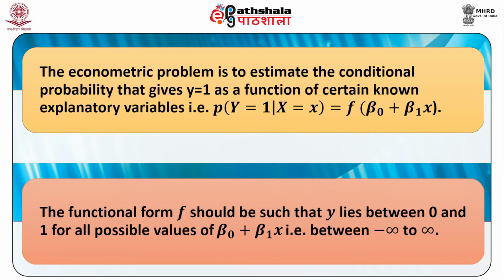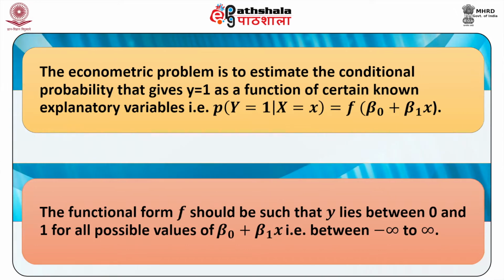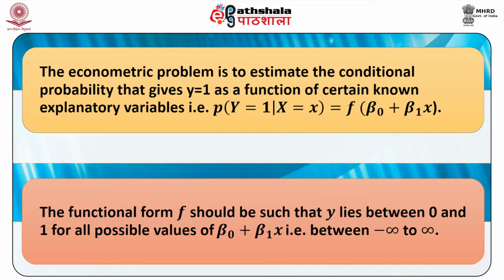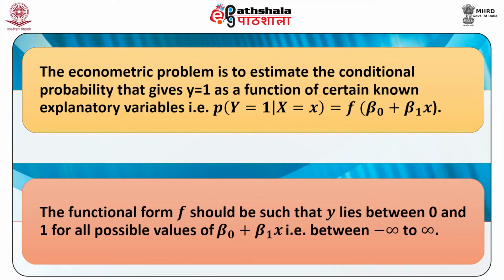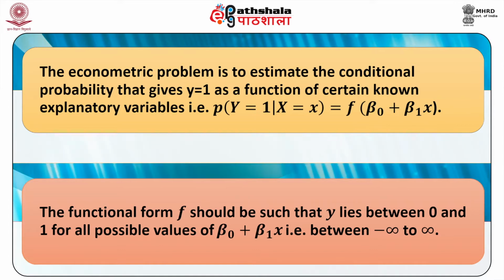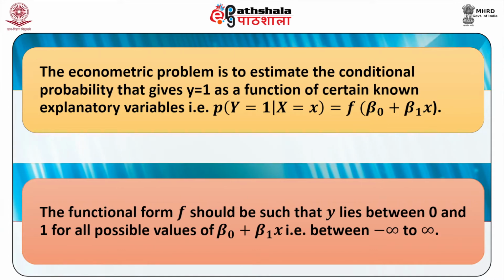The econometric problem is to estimate the conditional probability that y equals 1 as a function of certain known explanatory variables, denoted as the probability of y equal to 1 given capital X equal to small x, or X equal to a particular value of x, which can also be written as a function f of beta 0 plus beta 1 x.